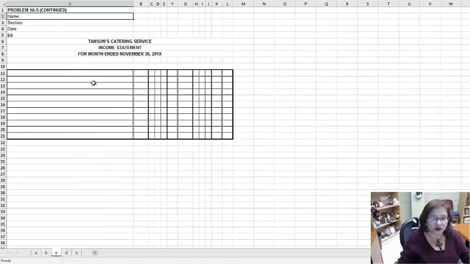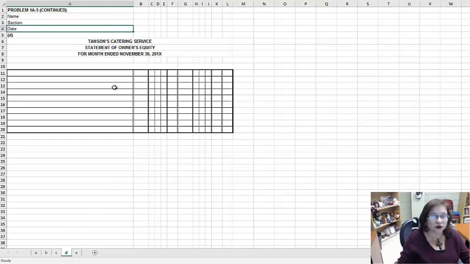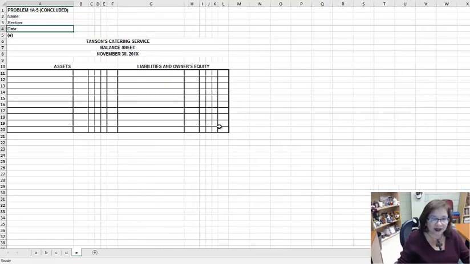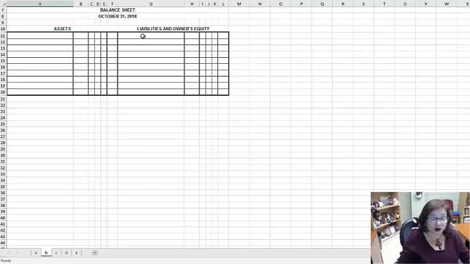Then after the balance sheet, you're going to do the income statement. Then after the income statement, you're going to do the statement of owner's equity. And then after that, you're going to do the balance sheet for November as well. Now notice it's asking for a balance sheet for October 31st. So you're only going to provide the transactions that went on during October 31st. Okay? Now I know what you're saying. Oh my gosh, how am I supposed to do that?